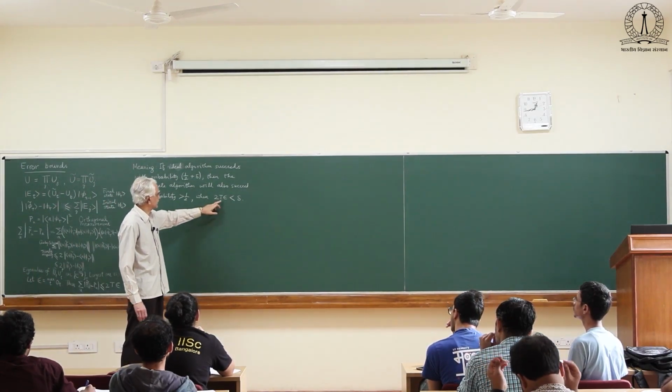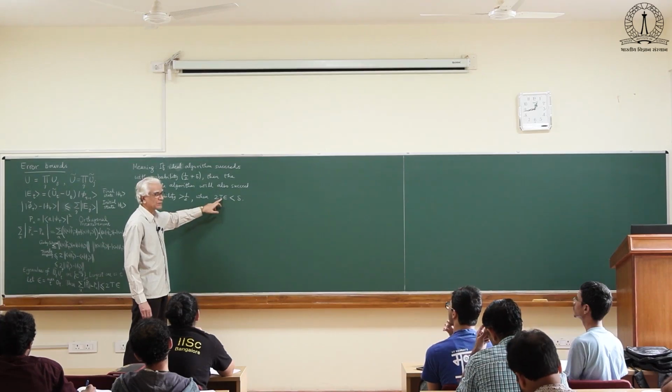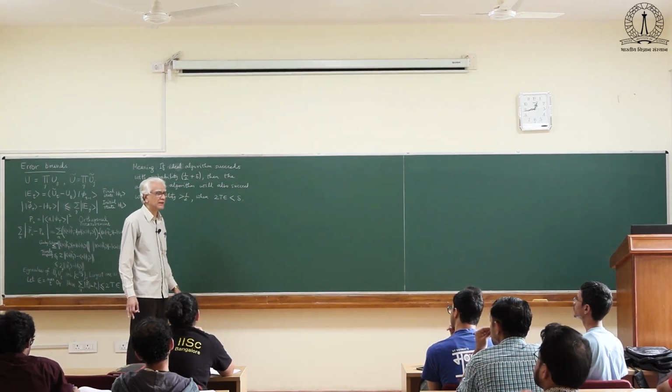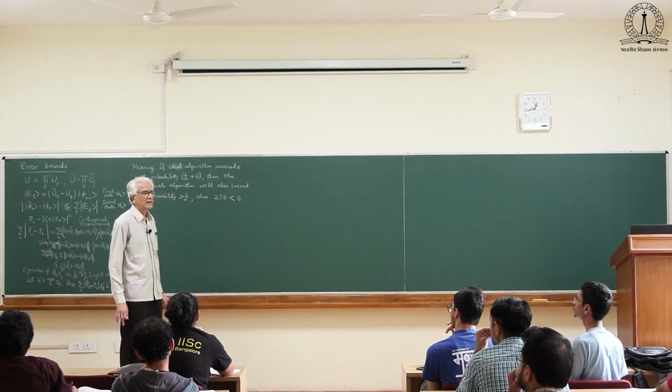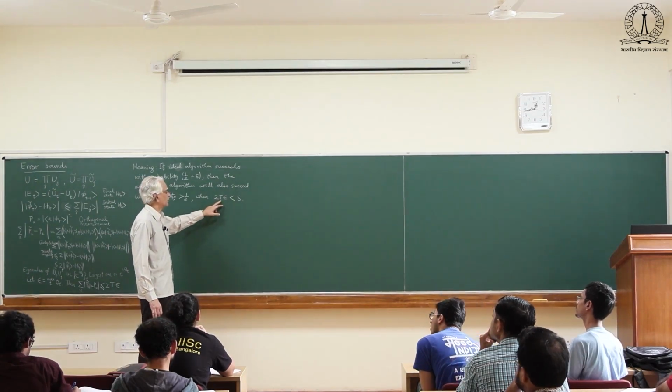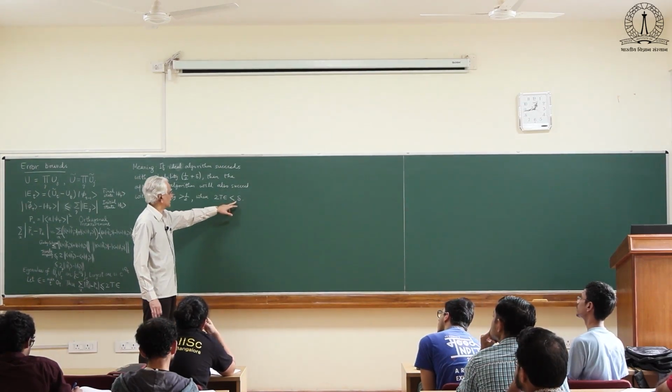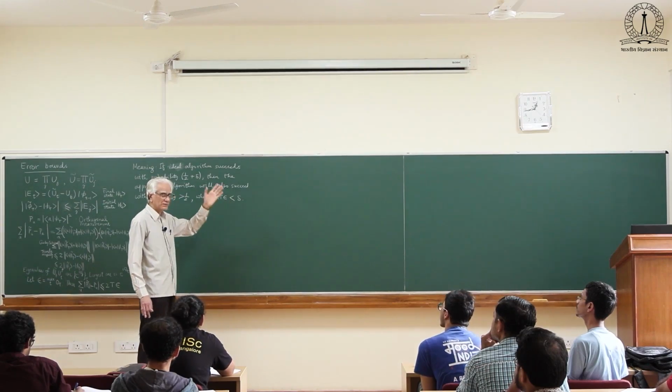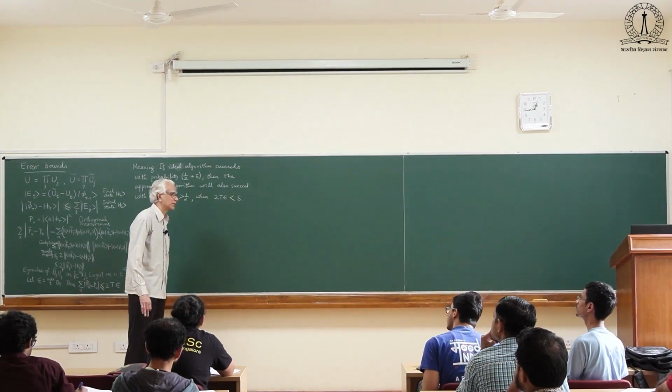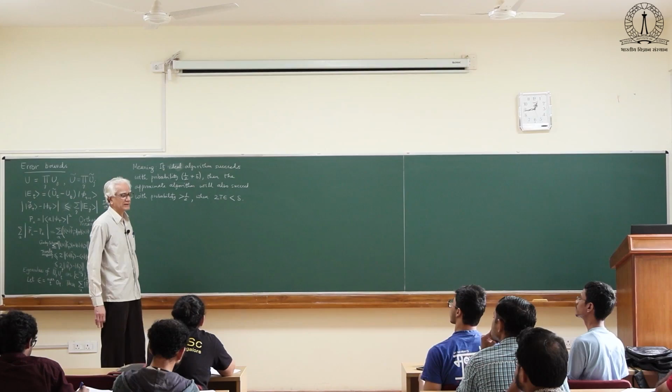I have not given you a criterion for T so far. There can be too many of them, and then the whole thing will not work. If T is not polynomial, then the effort required to bring this down will be super polynomial, and that will not be worth the effort.